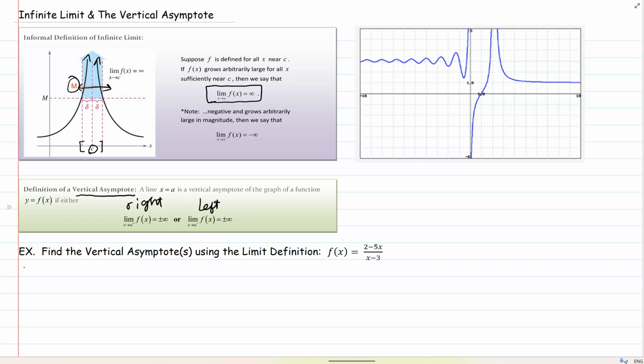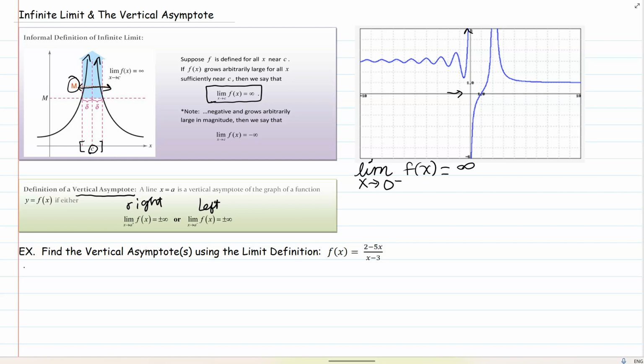Now the best thing to do is to take a look at this graph right here. As we can see, as x goes to 0 from the left of this function f of x, the function is going way up, so that is infinity.